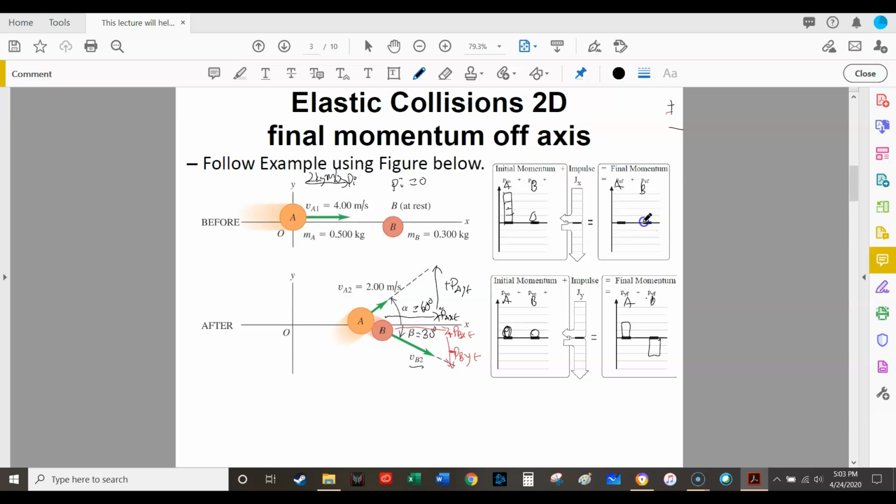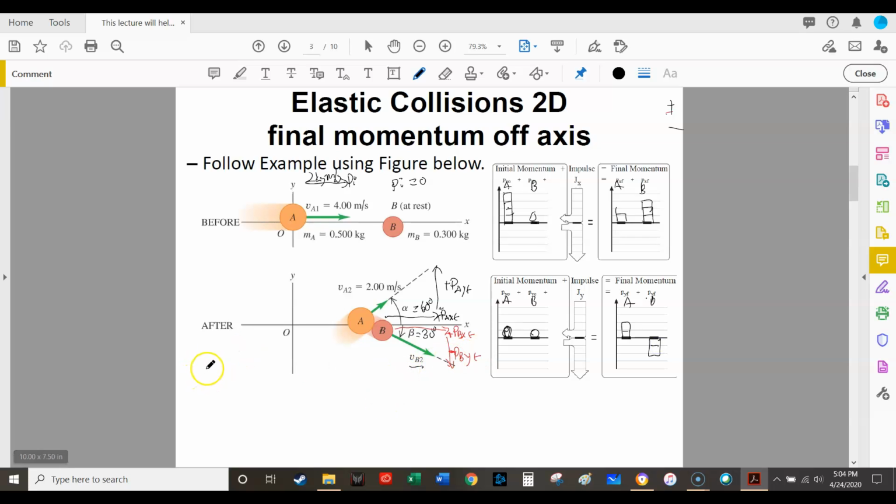And in the x direction, both objects are going to have a momentum. And since they're going off at unequal angles, I'm going to assume that one of these objects is going to have more momentum than the other. I don't know if they're going to have equal momentums, so I'm going to just make it unequal for now. So we're making our best guesses at stuff, and we'll see how it works out.